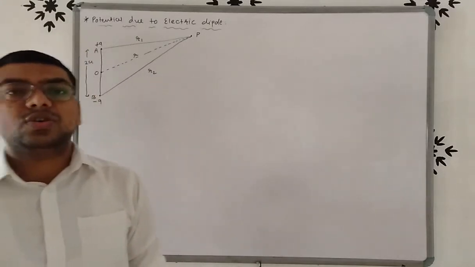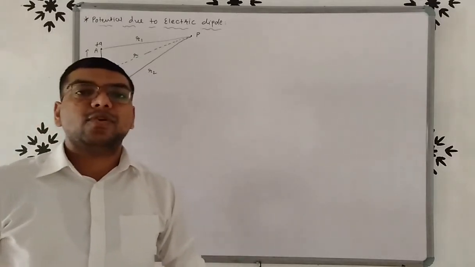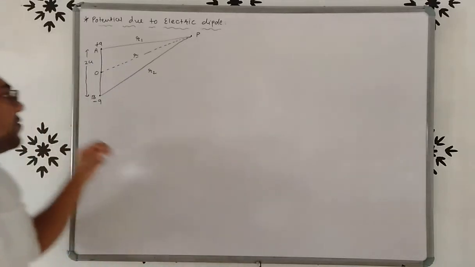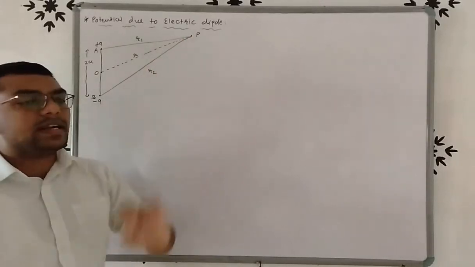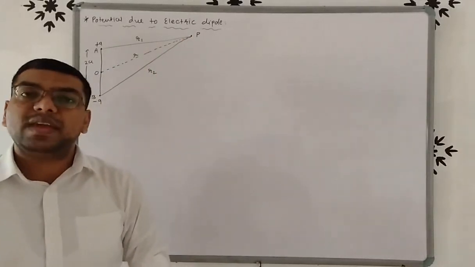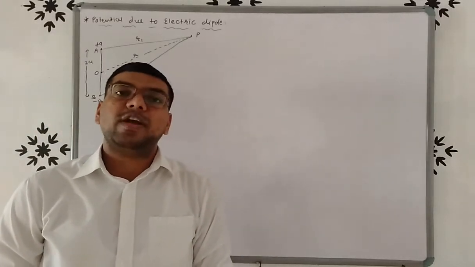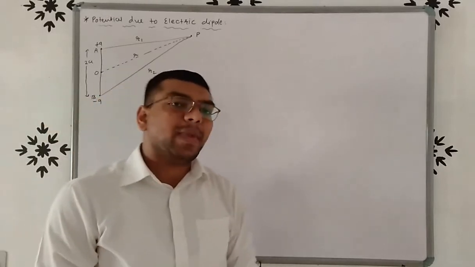So here you have to write that, as shown in the figure, the electric dipole has charges plus q and minus q at a finite distance 2a, and we have to find the electric potential at point P, due to charge plus q and minus q.